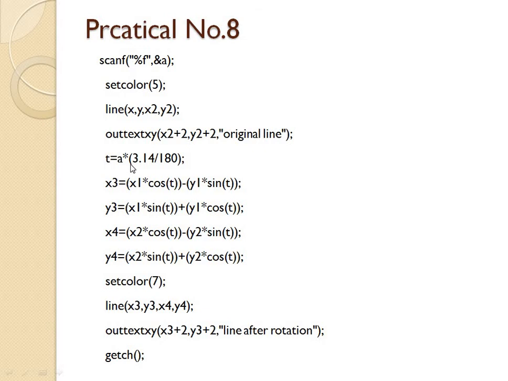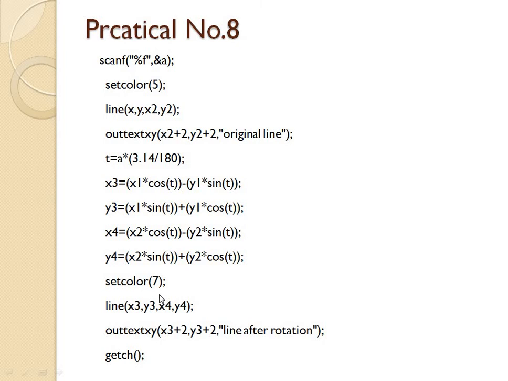This equation is saved in the t parameter, and this t is passed to cos of t and sin of t. This is our rotation equation: x3 is equal to x1 into cos of t minus y1 into sin of t, y3 is equal to x1 into sin of t plus y1 into cos of t, x4 is equal to x2 into cos of t minus y2 into sin of t, and y4 is equal to x2 into sin of t plus y2 into cos of t.